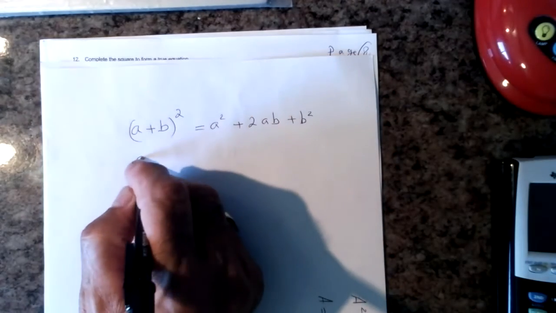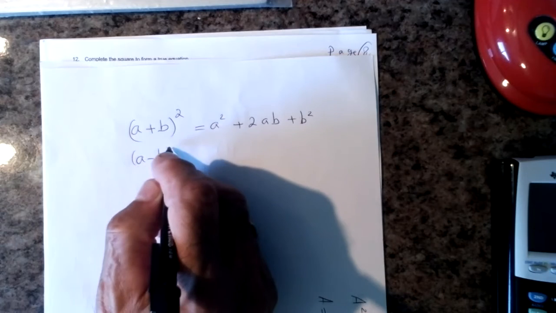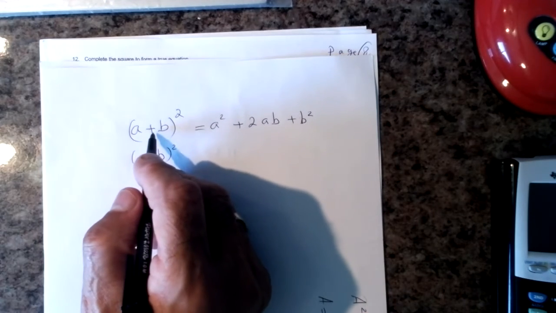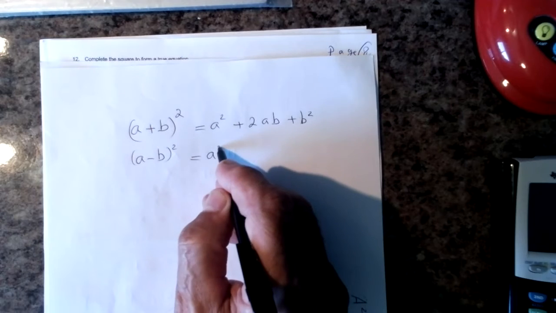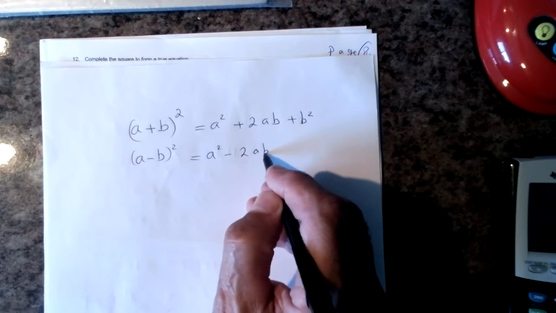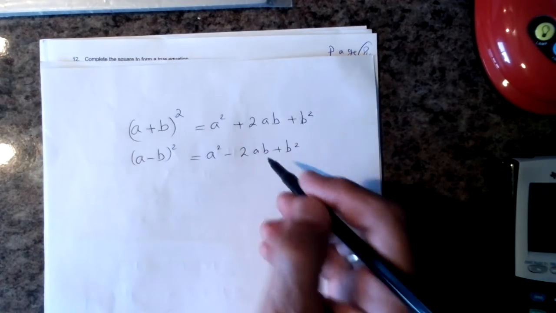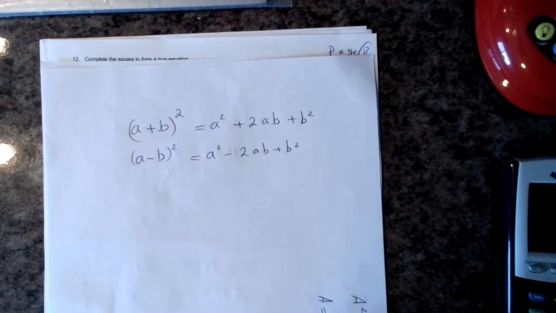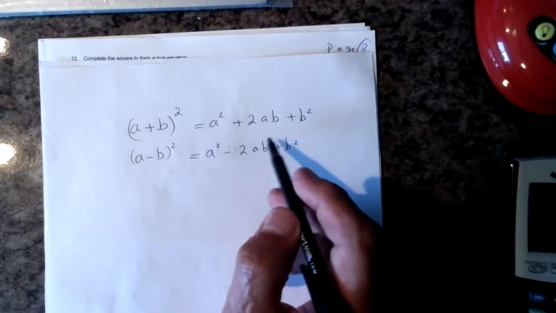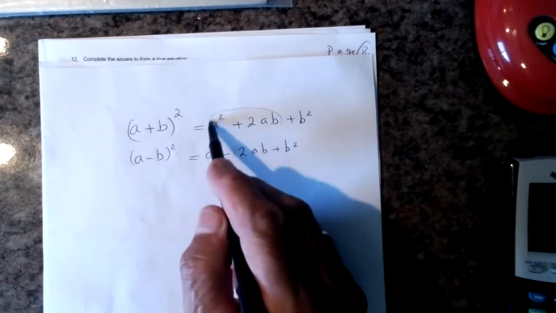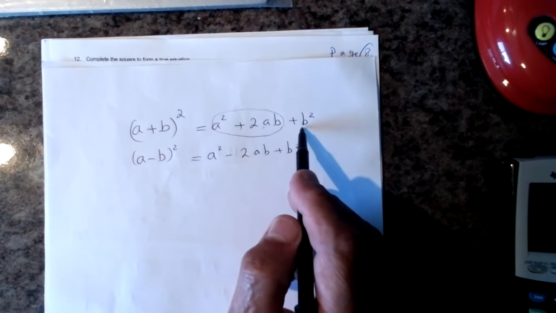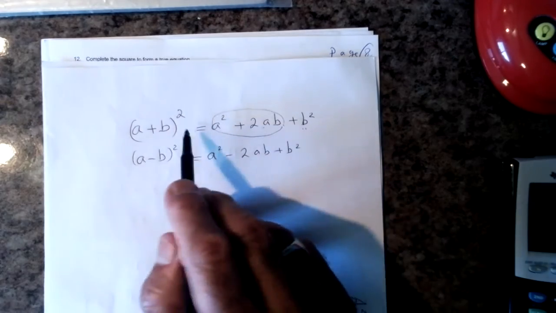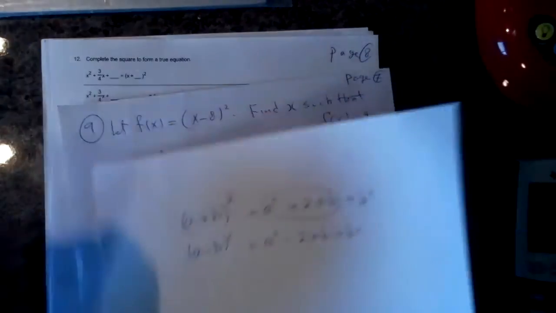Or if you have a minus b to the power of 2, meaning the sum of two variables and the difference of two variables, it would be a squared minus 2ab plus b squared. If we give you just these two terms, and we ask you to create that, that's how we want to practice. You have to add this to it in order to come up with that equation. Examples.